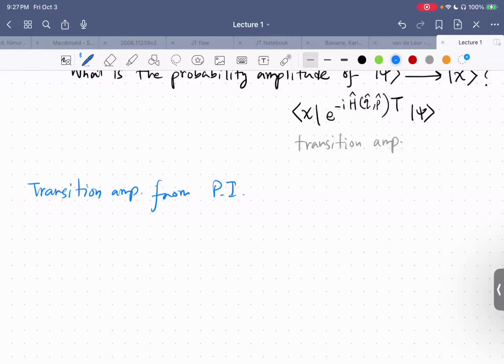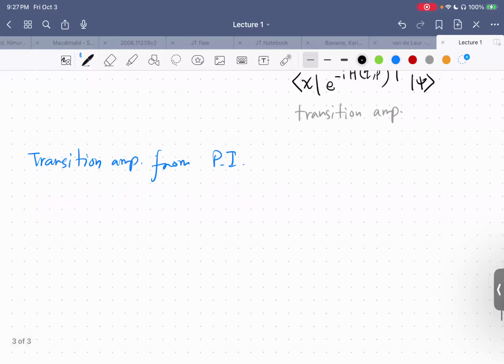So, transition amplitude from path integrals. All right, let me start by assuming that I have some Hamiltonian, which is a function of position and momentum, and that has the following form. You have the kinetic piece, p squared over 2m, and some potential piece.